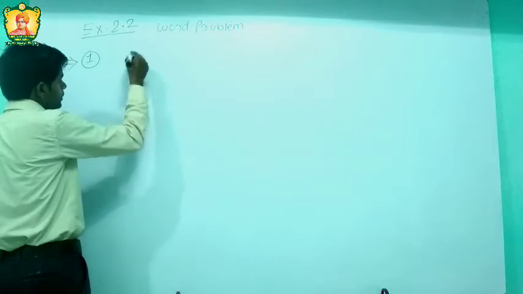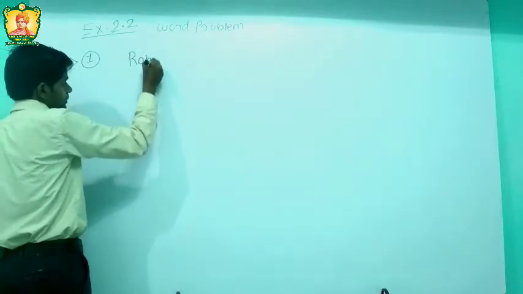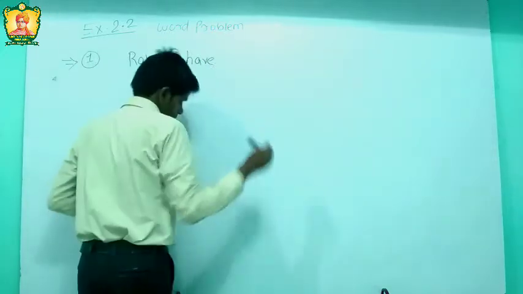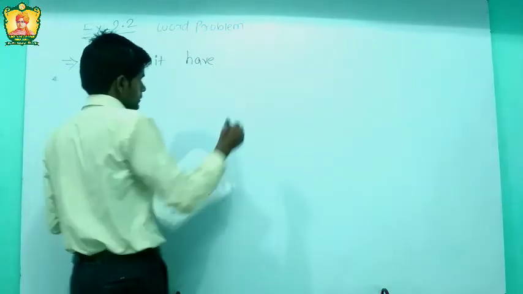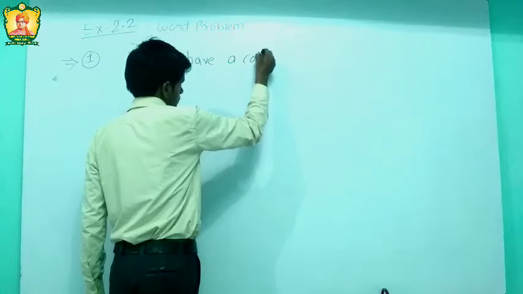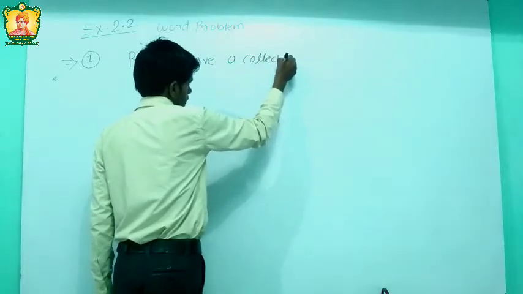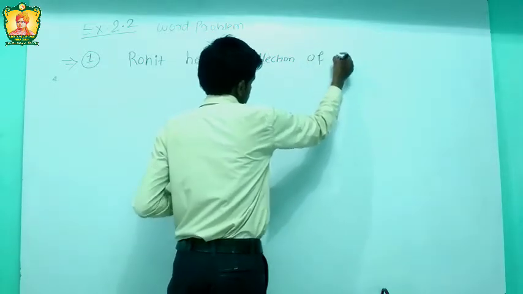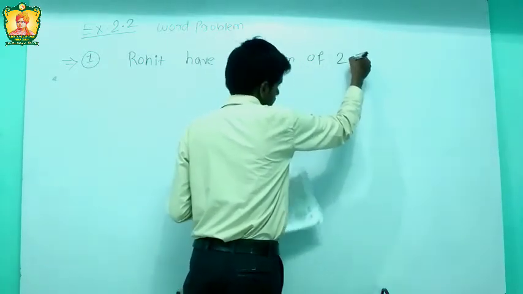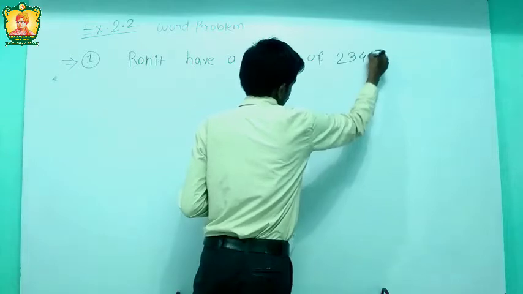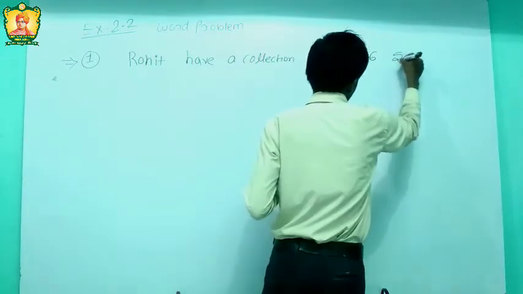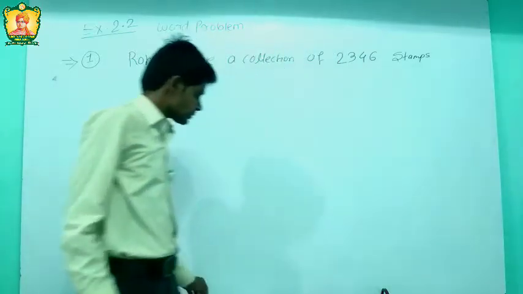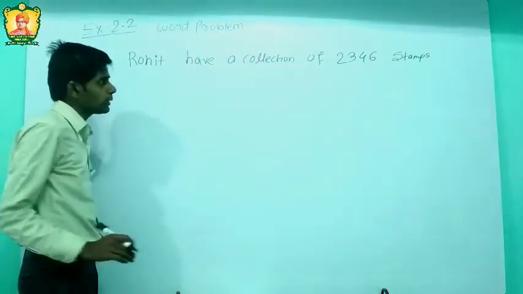So we can write: Rohit had a collection of 2346 stamps. Okay, this is our first statement.